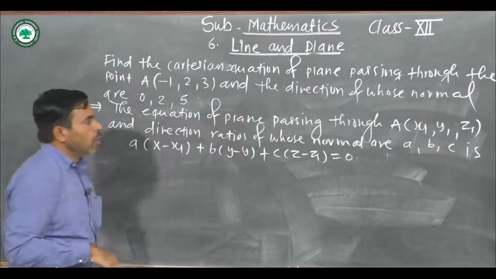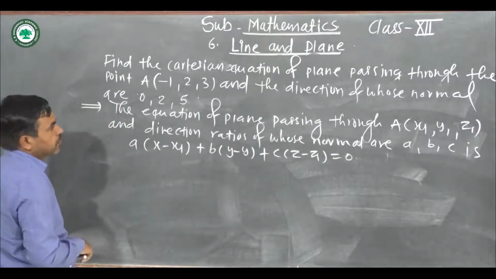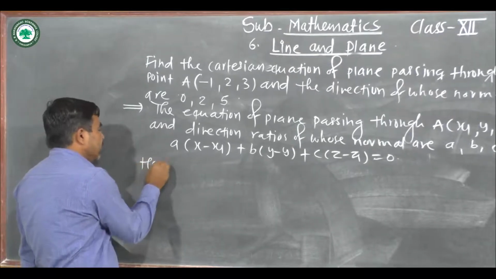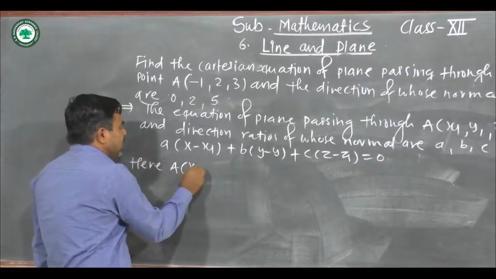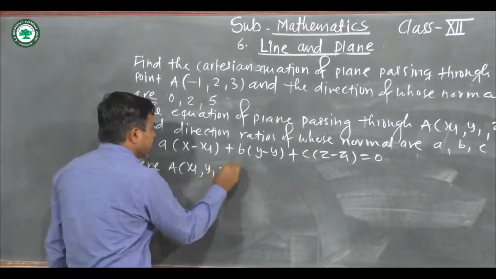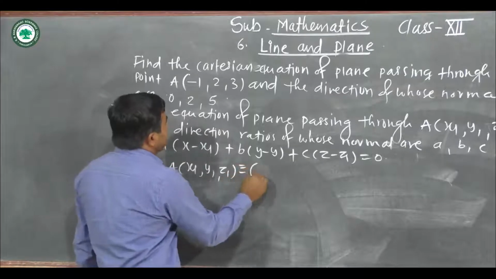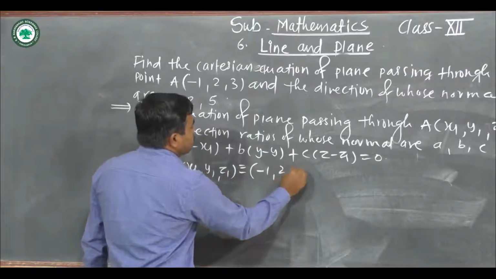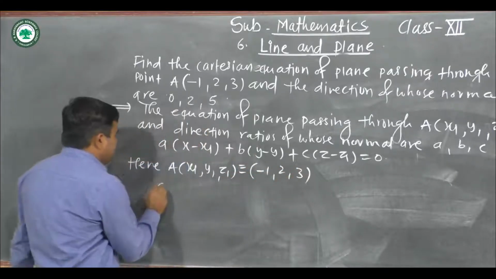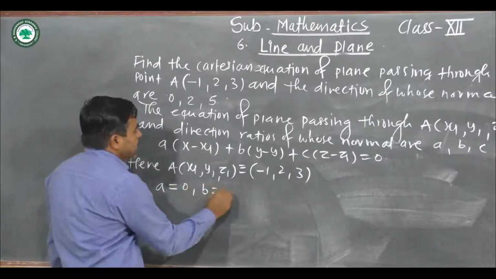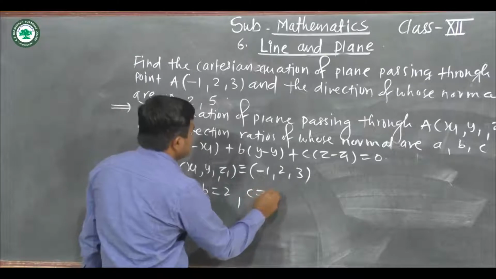Now here we only have to write x1, y1, z1 and A, B, C. Here x1, y1, z1 is -1, 2, 3, and A is equal to 0, B is equal to 2 and C is equal to 5.